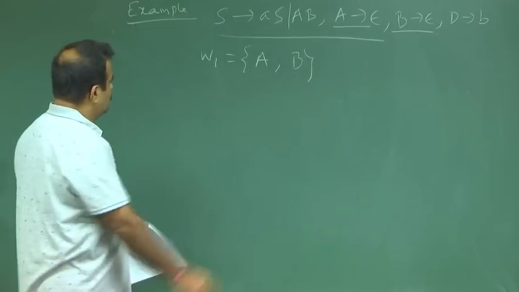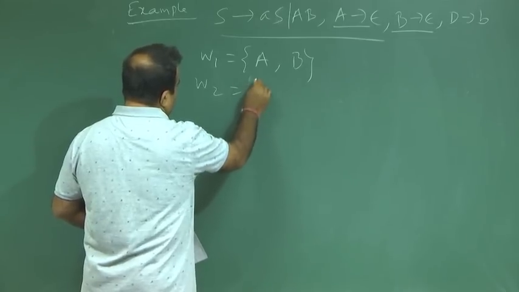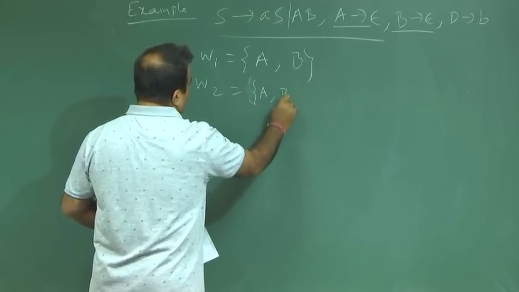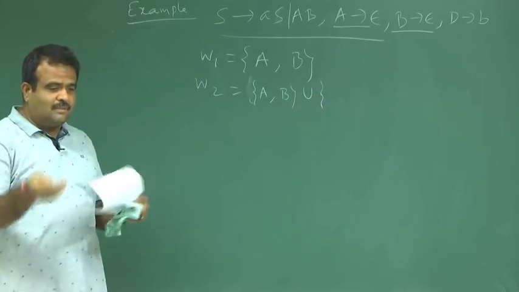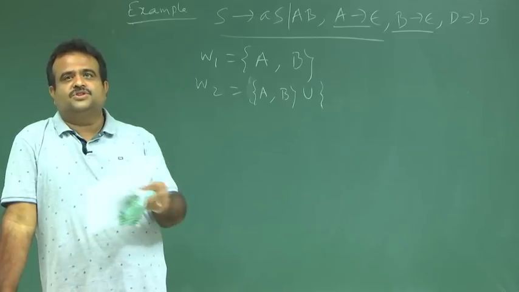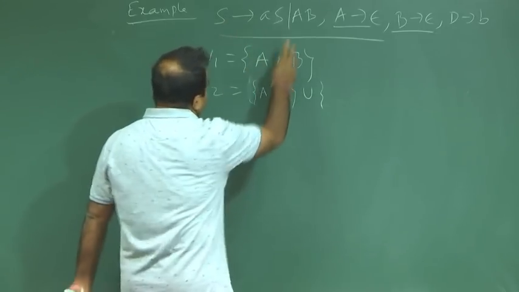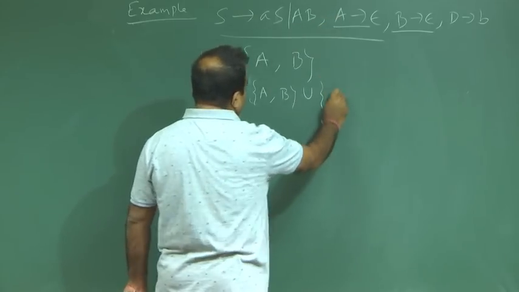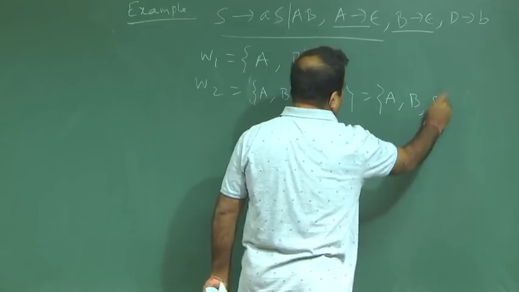Now, to construct W 2, W 2 will be W 1 and those variables which go to some nullable variable or some string of nullable variables. Like here S goes to A B, and A B are nullable variables. So, S will be added here.